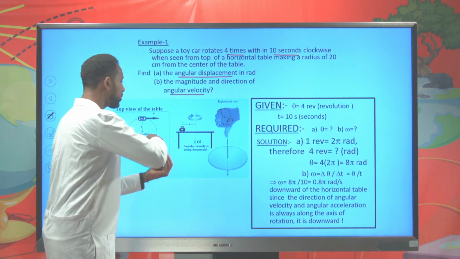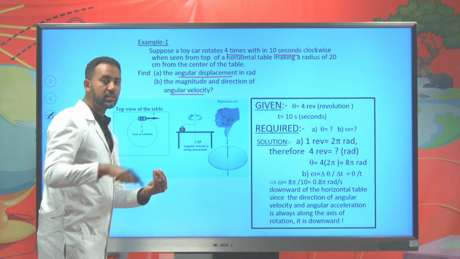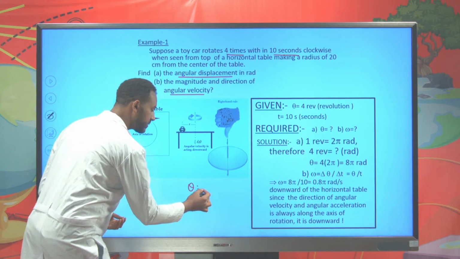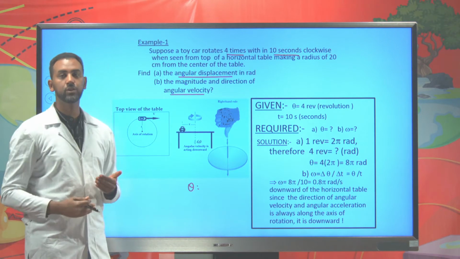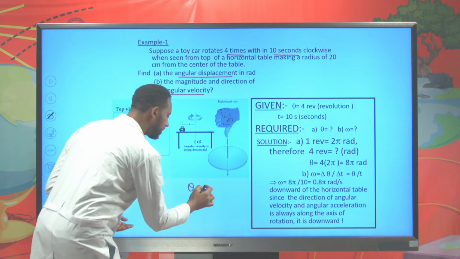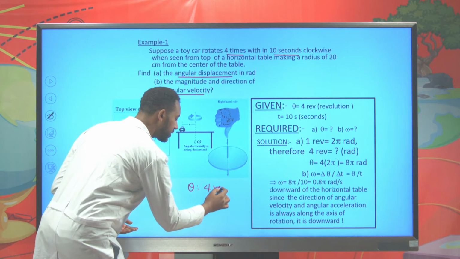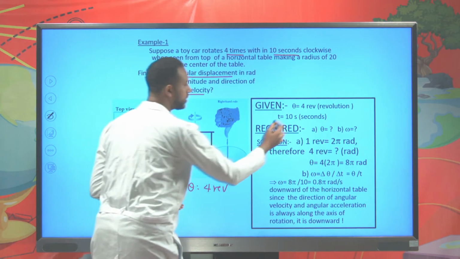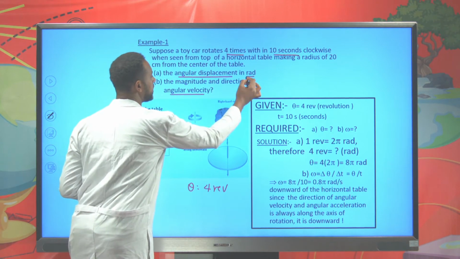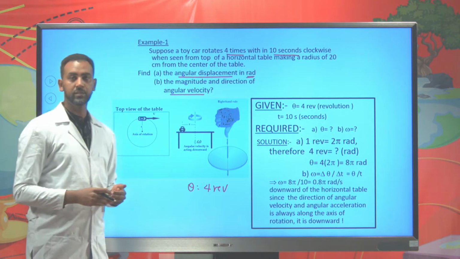Well, this toy car forms 4 revolutions. Previously you have said that theta can be expressed in revolution, in rad, or in degree. And it says that it forms 4 revolutions. So your answer should be kept in standard units, and the standard unit of angular displacement is radian.